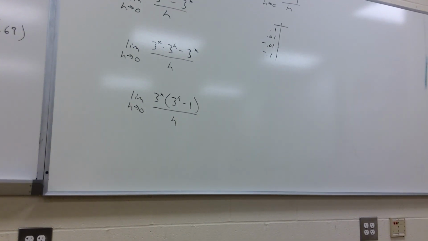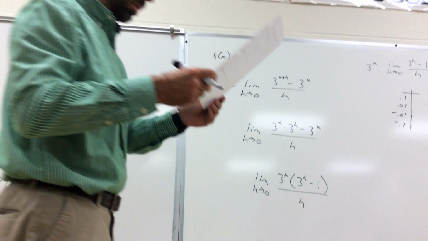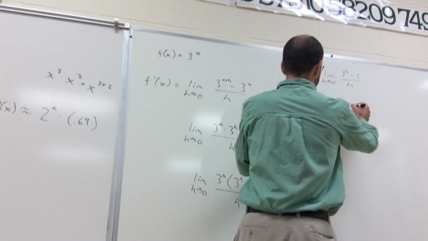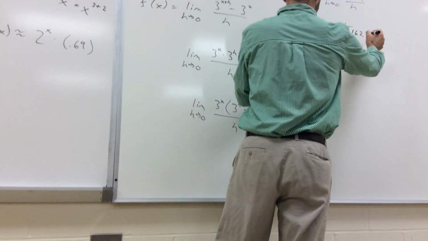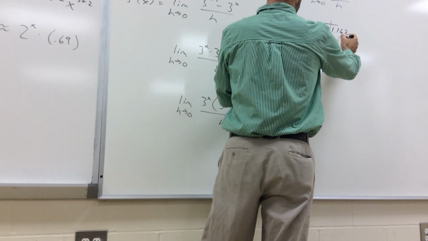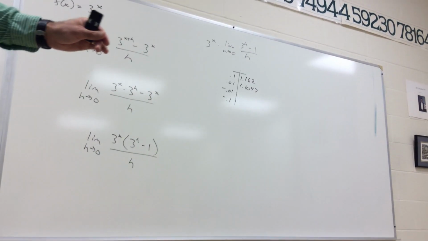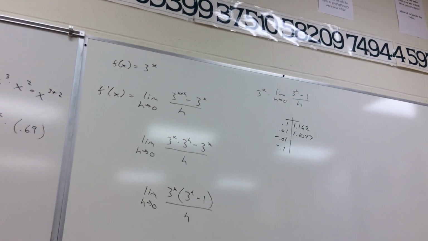For 0.1, I got 1.162. For 0.01, I got 1.1047. I don't have the negatives written down, so I'll punch those in real quick.